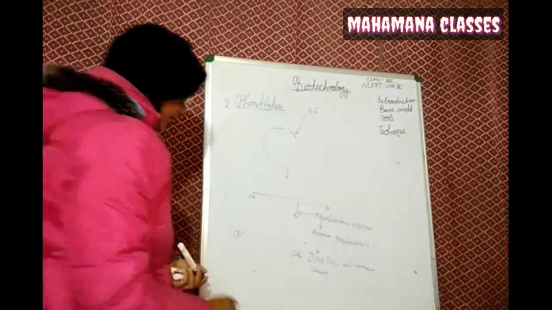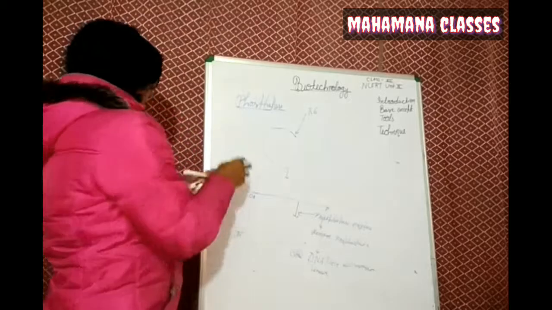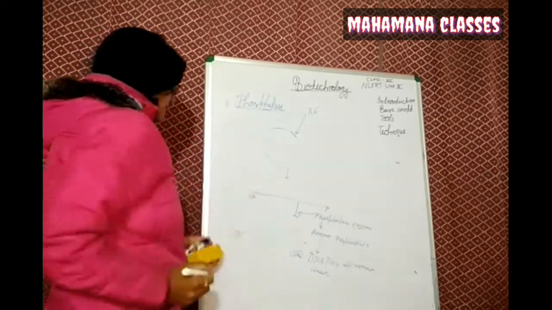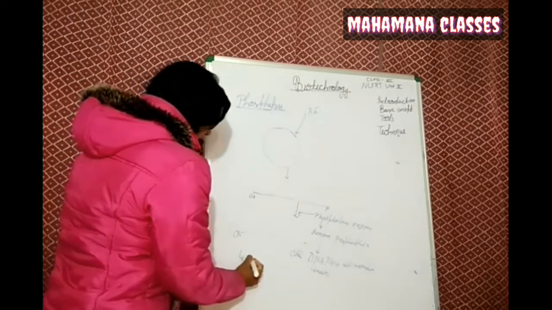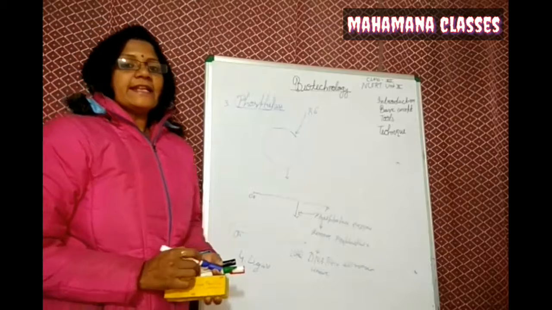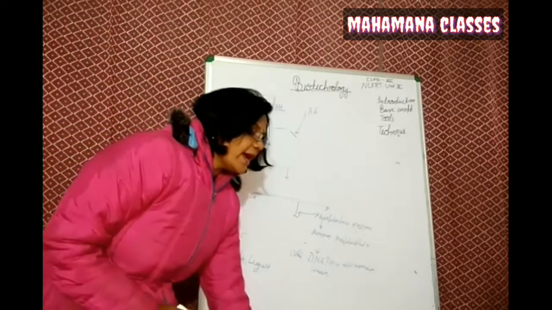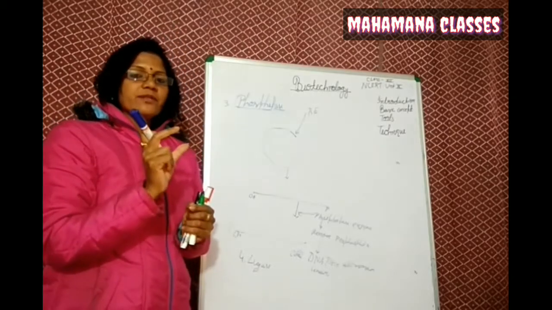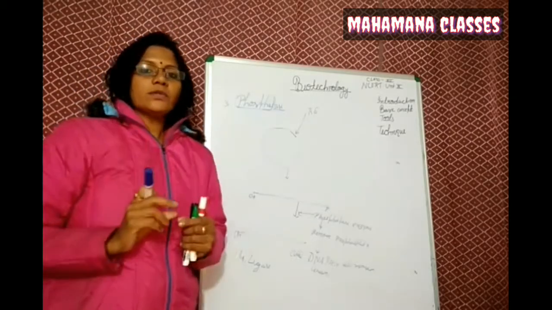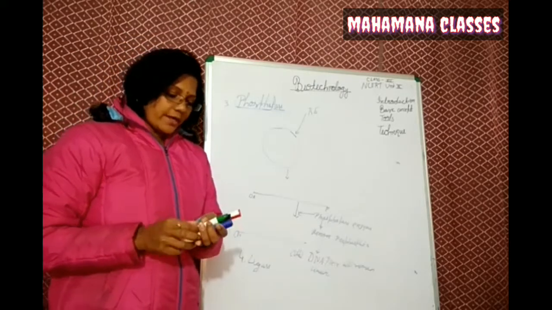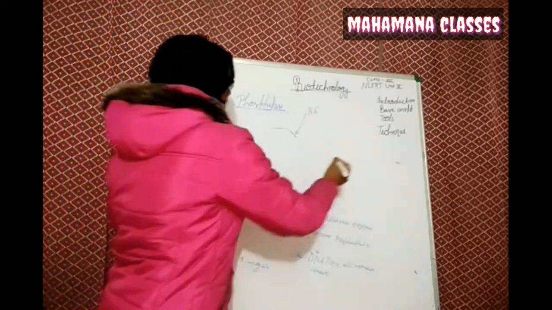Now our fourth enzyme is ligase. To create any recombinant, we have to add a foreign piece of DNA, our desired piece of DNA, to the host DNA so that we can create a recombinant DNA. It will be like this.